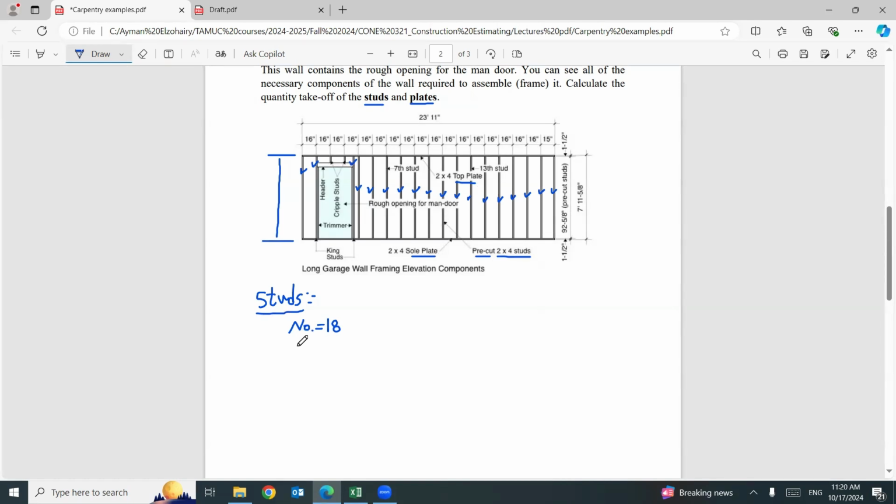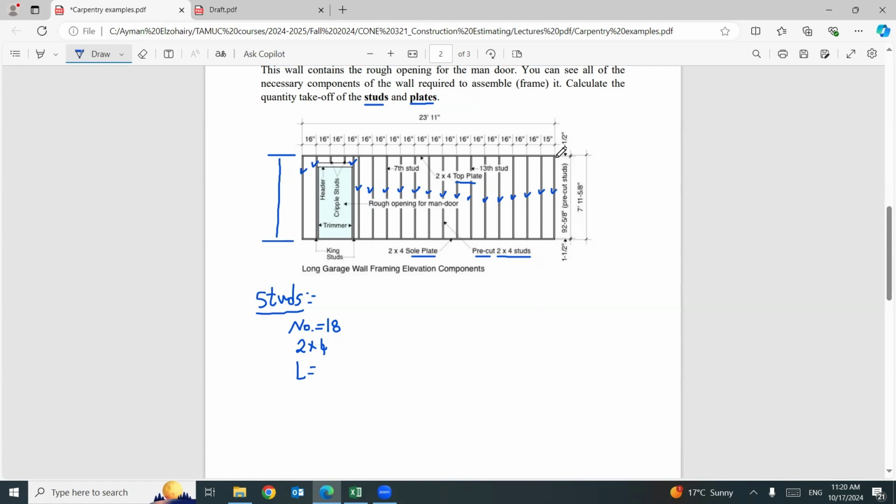What is the cross section? They are 2 by 4. What is the length of each stud? The length of each stud will not be given, but you can find it from the dimensions of the wall. If you look here, this little thickness is 1.5 inch, and this little thickness is 1.5 inch.